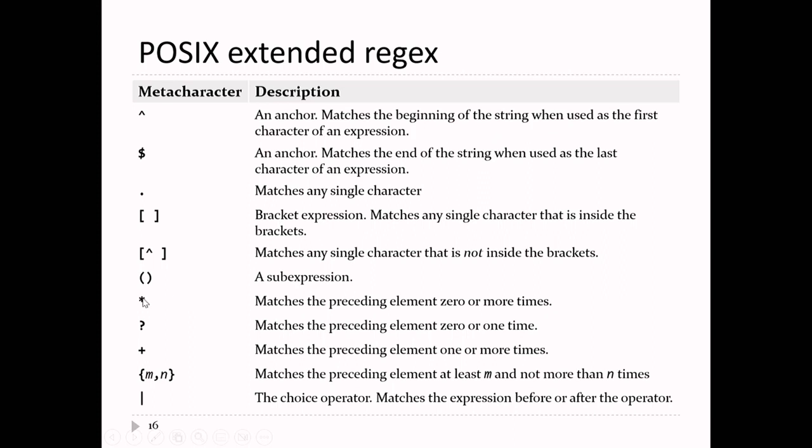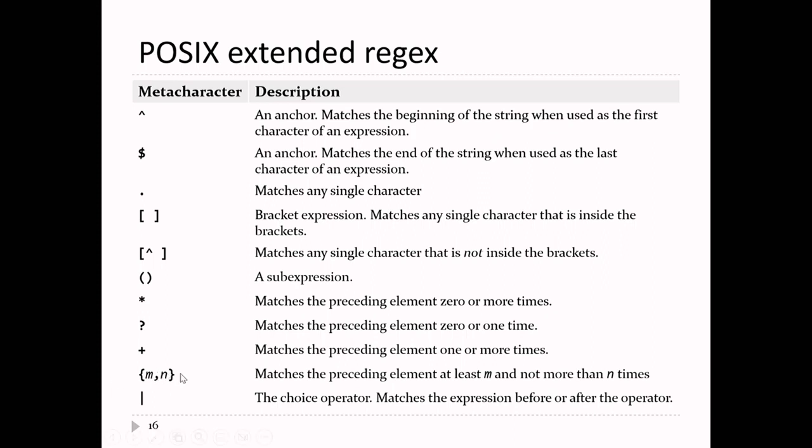Star matches the preceding element 0 or more times. Question mark matches the preceding element 0 or 1 time. Plus matches the preceding element 1 or more times. Curly brackets, m comma n, match the preceding element at least m times and not more than n times.